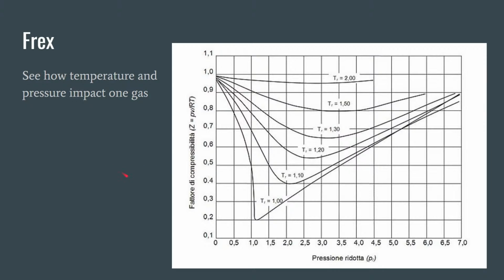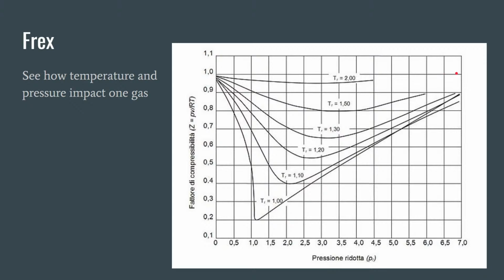So here we have Z, PV over RT, for 1 mole of gas. Ideally, for 1 mole of gas, Z would be equal to 1. So that is what we have up here. That would be this line. Z being equal to 1.